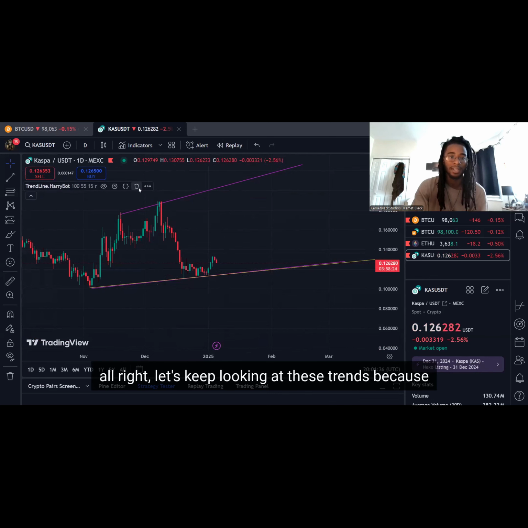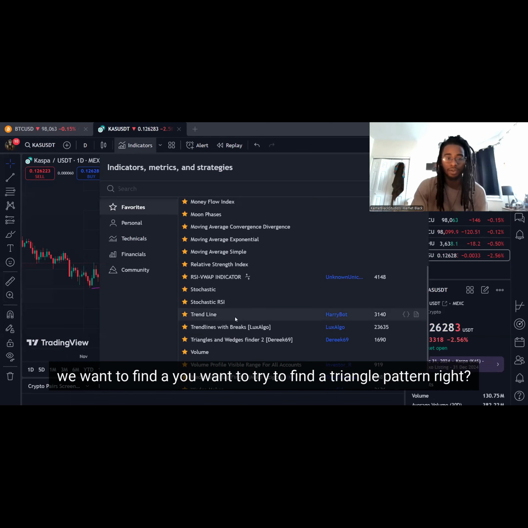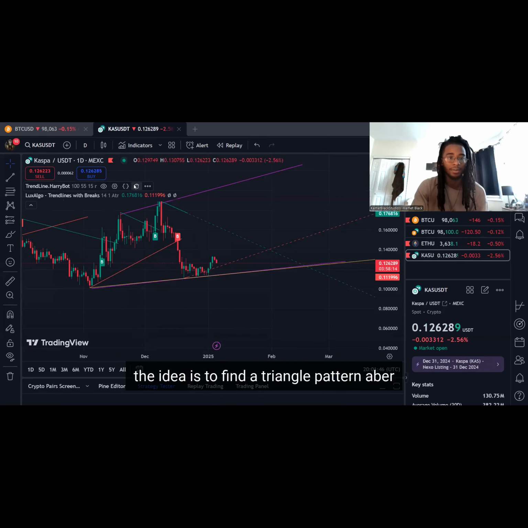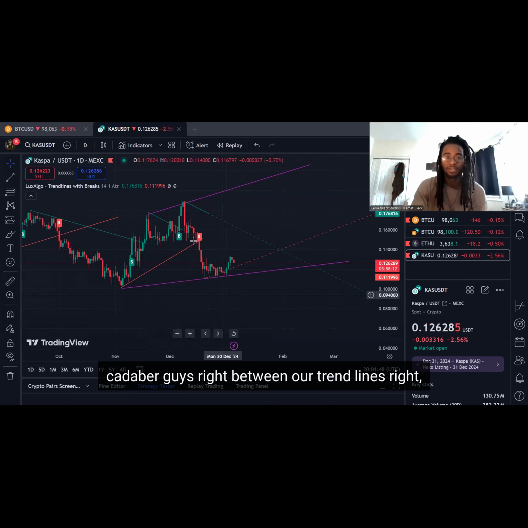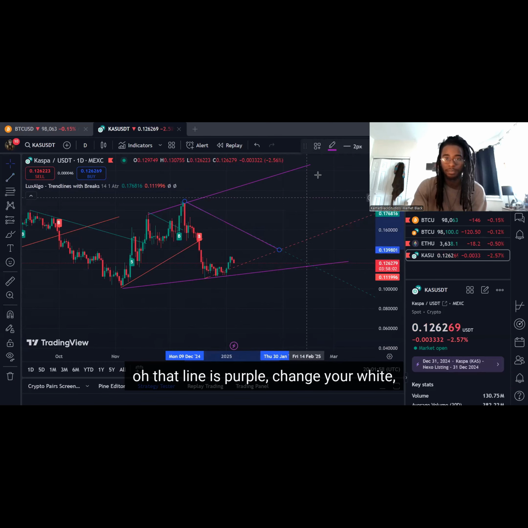All right, let's keep looking at these trends because you want to try to find a triangle pattern, right? The idea is to find a triangle pattern. Abracadabra, guys, right between our trend lines, we have found a triangle pattern. Let's figure out what's happening with that. Oh, that line is purple.